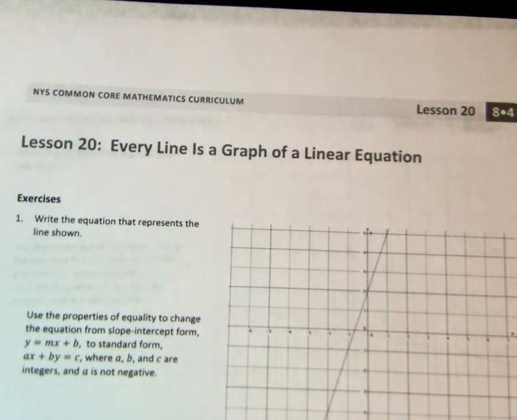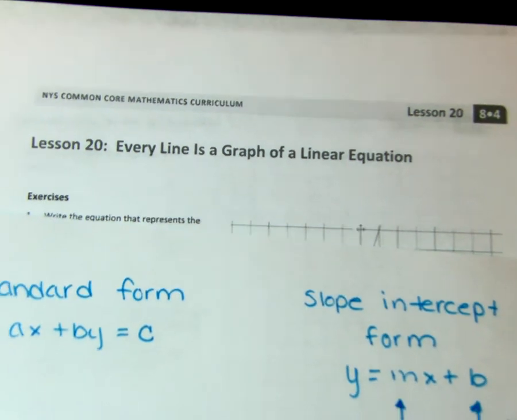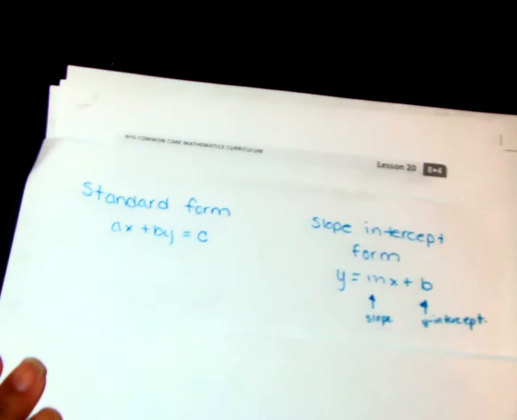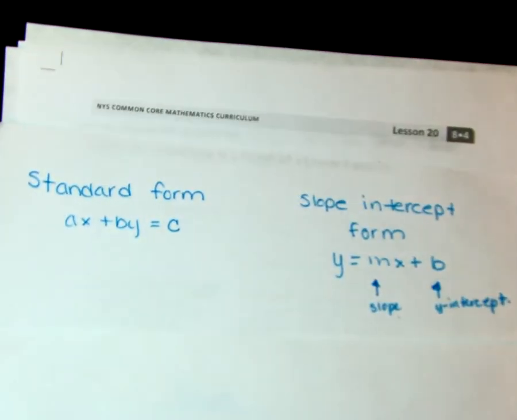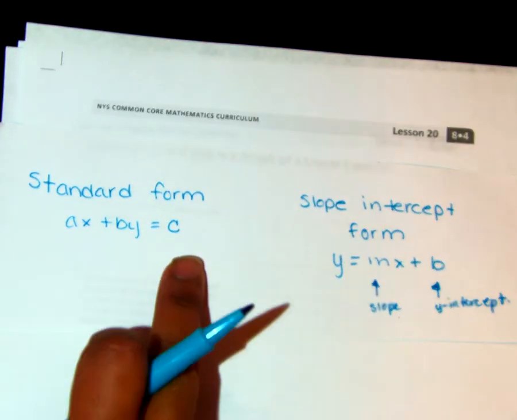Let's recap some things from previous lessons. We talked about slope, standard form, and slope-intercept form. Standard form of a linear equation is ax plus by equals c.